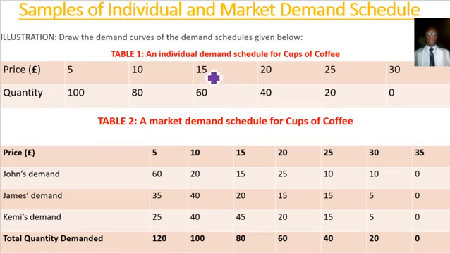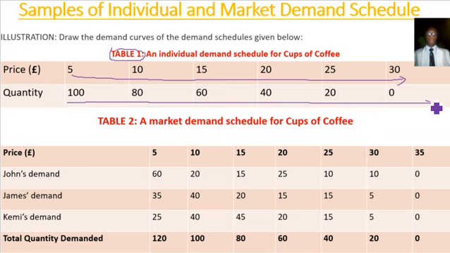In the next slide, we have samples of both an individual demand schedule and a market demand schedule. Table 1 is about an individual demand schedule. As you can see there, you have prices and quantity demanded by an individual over a given period of time, from prices that range from 5 to 30 pounds, and quantity that ranges from 100 units to 0 units.